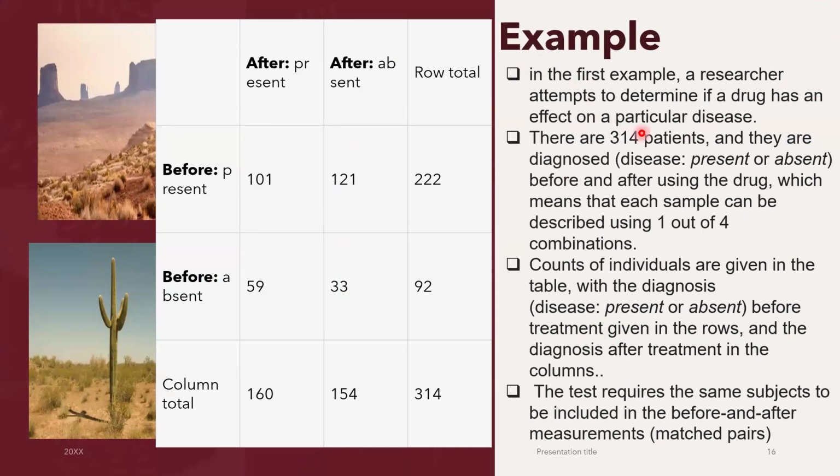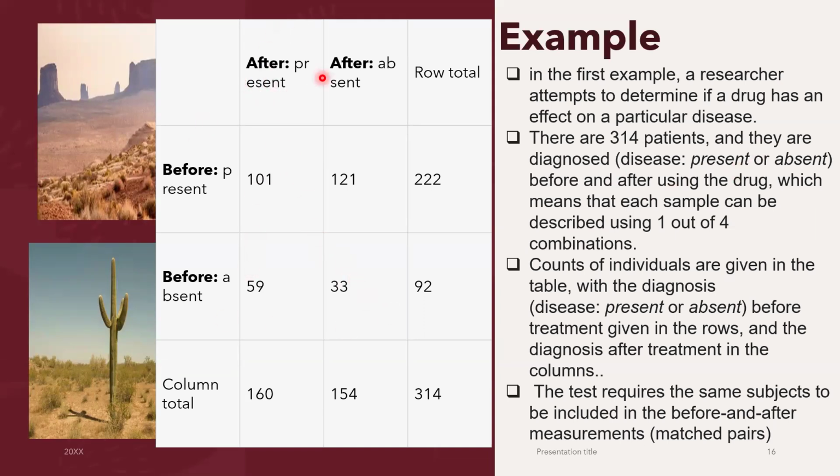So, in the first example, if we want to attempt to determine if a drug has an effect on a particular disease, we are going to take a total sample size of 314 patients, and they are diagnosed disease present or absent before and after using the drug. So this is the 2 by 2 contingency table.